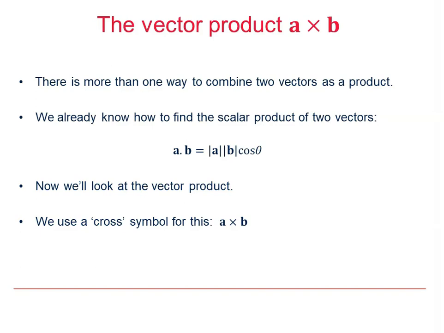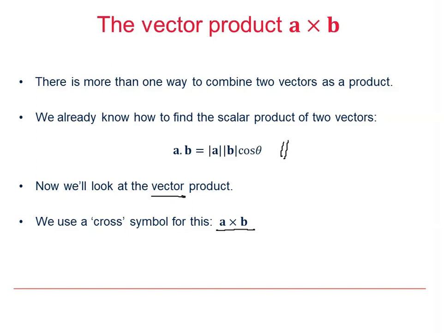We have many ways of combining two vectors as a product. We already know that the scalar product a dot b is given by mod a mod b cos theta. We're now going to look at something called the vector product, which has the symbol a cross b.